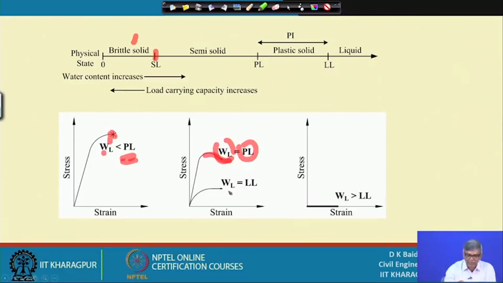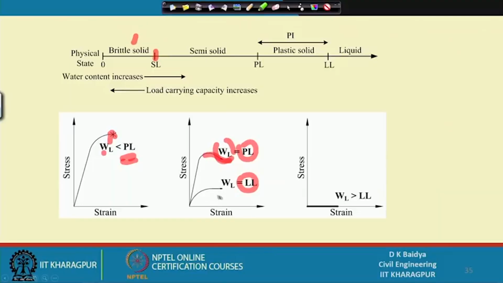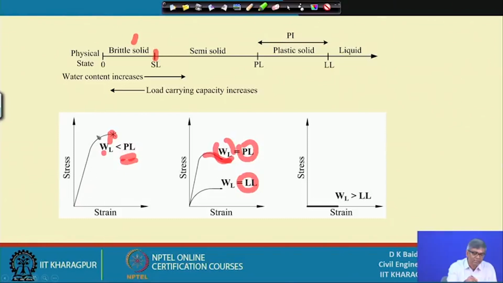And if the water content is equal to the liquid limit, that means if you take a mass whose water content is the same as the liquid limit of the soil, then you will not get much strength; strain will be more with lesser stress. Whereas if the water content is less than the plastic limit, it will strain very little with very high stress.